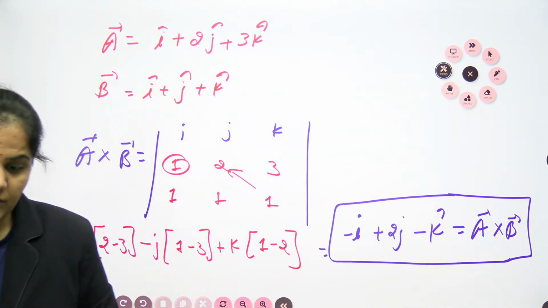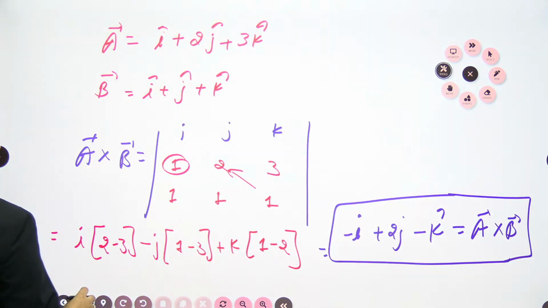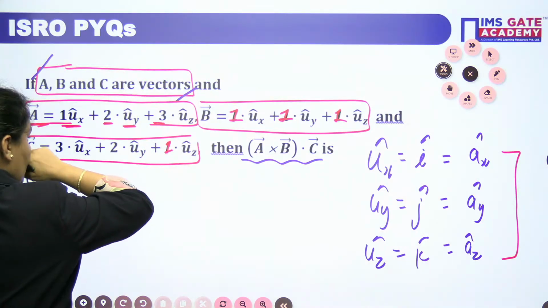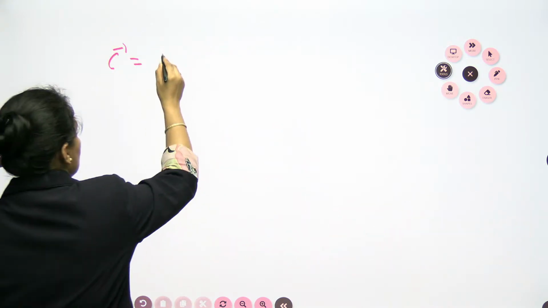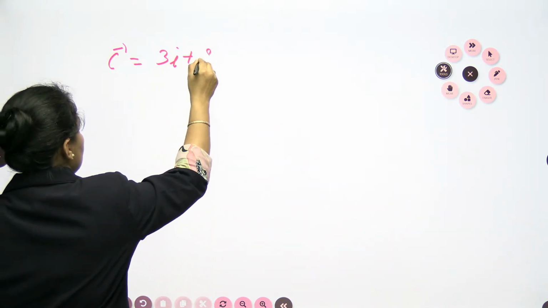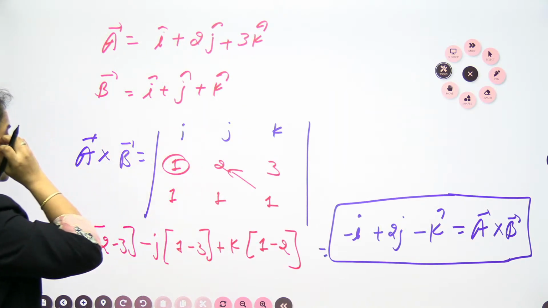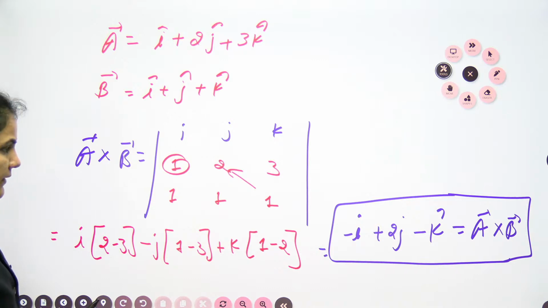We need to find the dot product also. For that, my C vector is 3i plus 2j plus k cap. Now let's approach it.